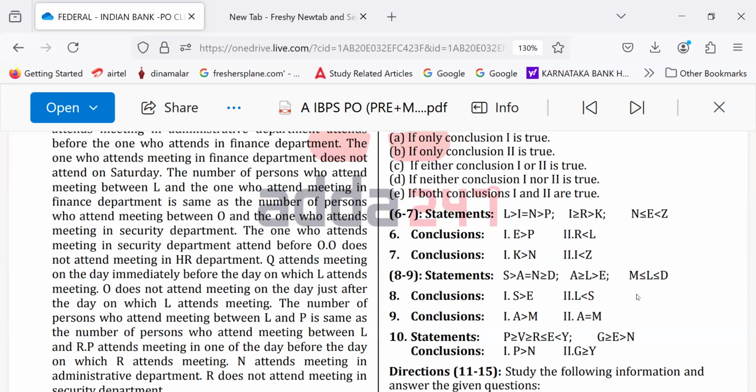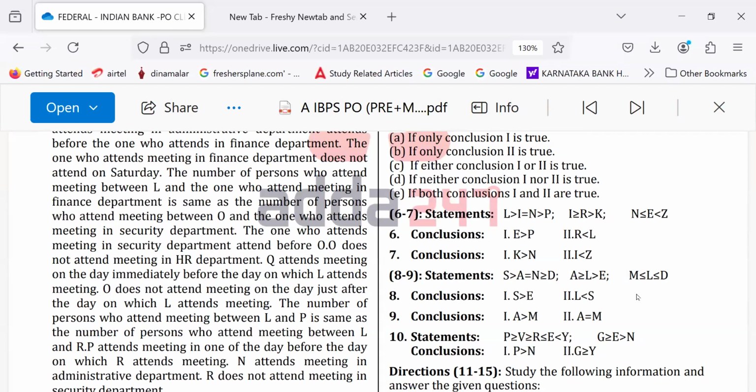So the answer for number 2 of question 8 is L is less than S, because S is greater than A, and here A is greater than or equal to L. So that statement is also true.